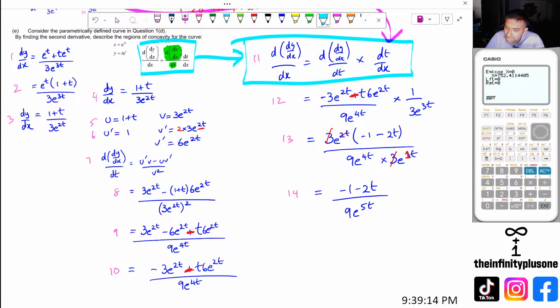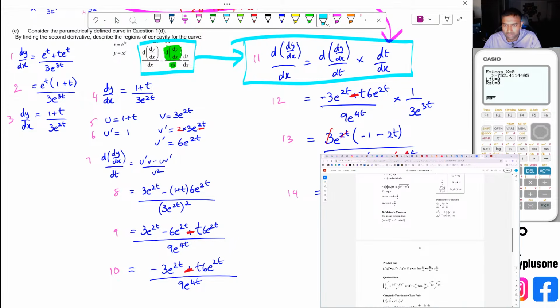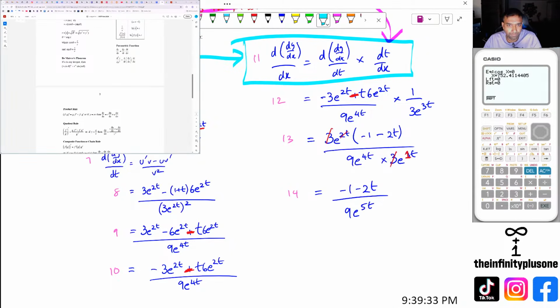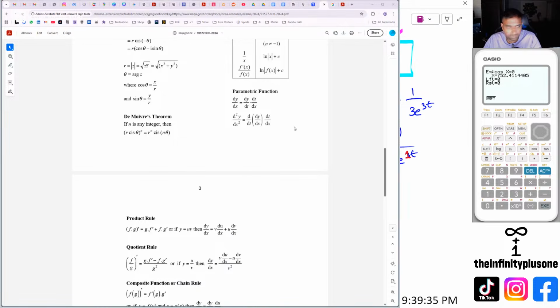The blue box is the parametric double differentiation equation because that comes in your formula sheet. Let me find it. So that's what's from the blue box.